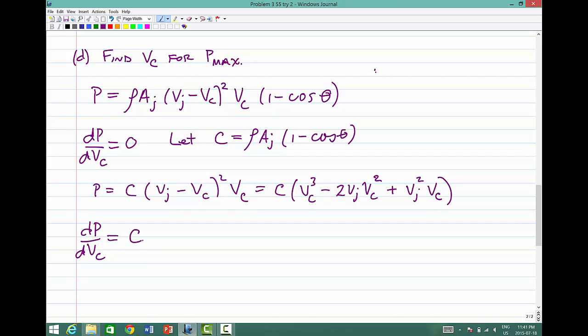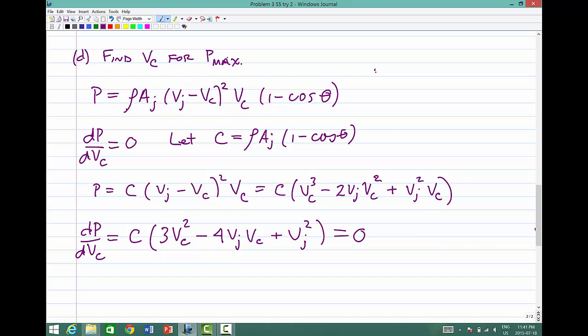So this is going to become constant times 3Vc squared. And then this is going to become minus 4 Vj Vc. And then this is just going to become plus, take the derivative of this term, V jet squared, and set that equal to 0.